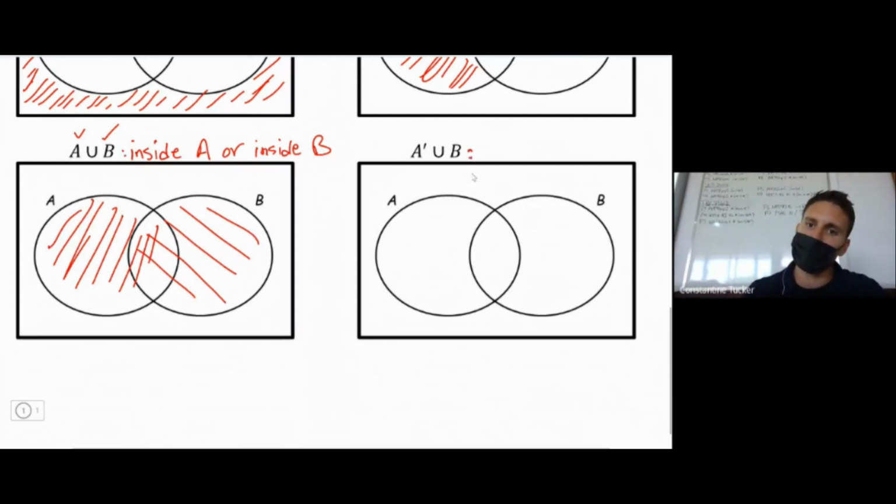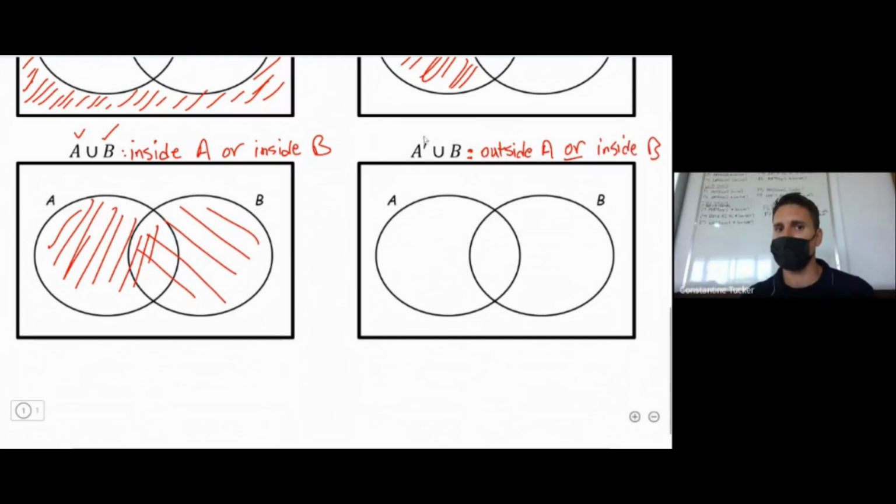And last but not least, A dash union B. So this one will translate and we'll say the first one is outside A. A dash is outside A. Or inside B. Exactly. So, first things first. This is a union, so we shade outside A first. So let's see where A is, just to make sure.